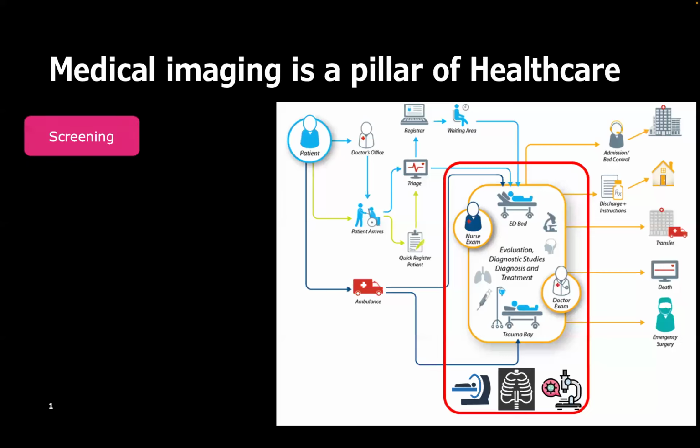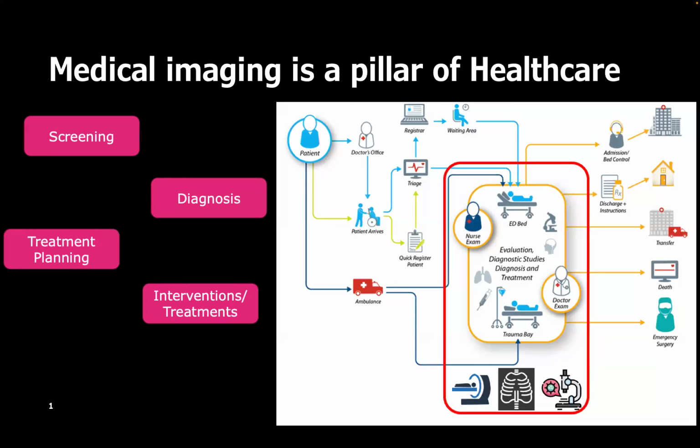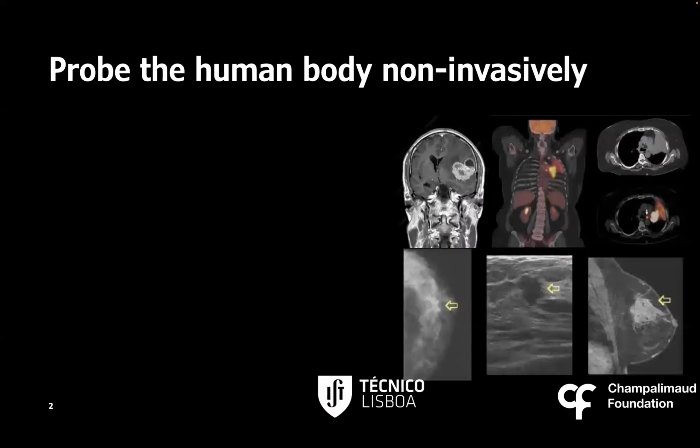So we have medical images being acquired for screening, diagnosis, treatment planning, treatments and interventions, but also the follow-up of patients. Throughout the journey of the patient, we have images being acquired, and images are very important because they allow us to probe the human body in a non-invasive way, and give us an idea of the anatomy of the patient, but also the physiology.